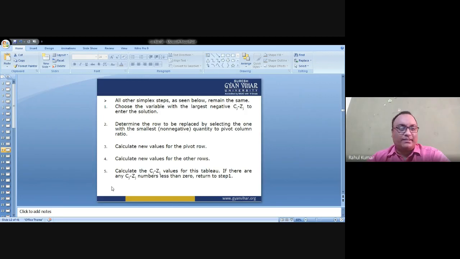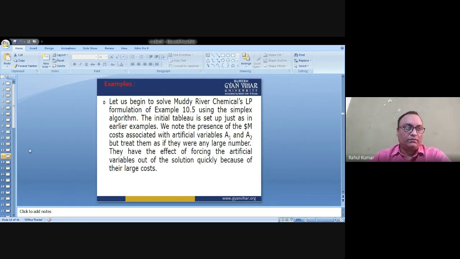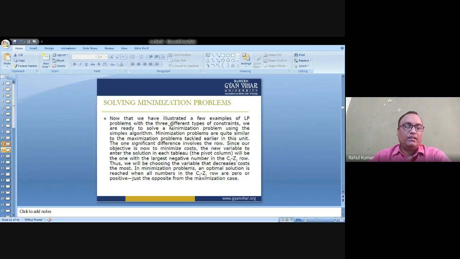If there are any Cj minus Zj numbers less than 0, then you will move to the first step again and solve this problem using different selected variables, right? So these are the steps involved for minimization problems.